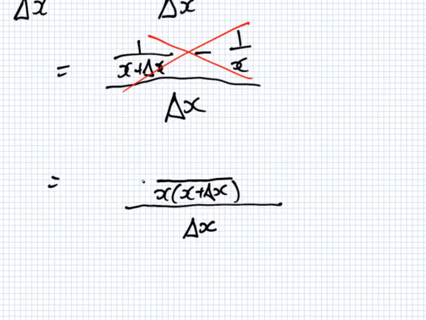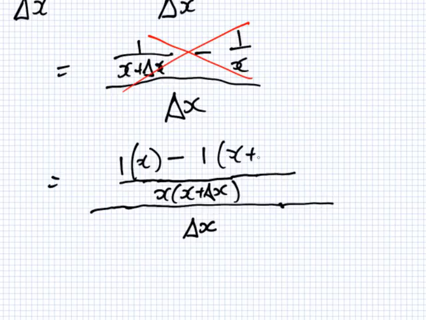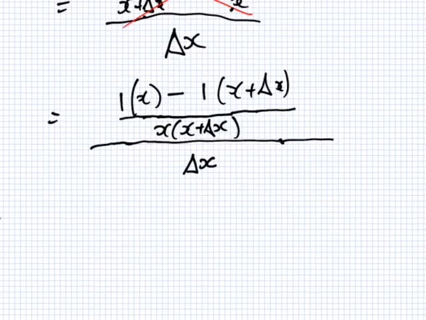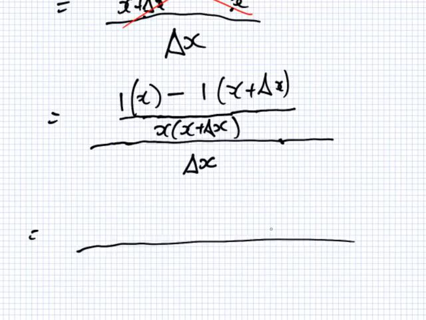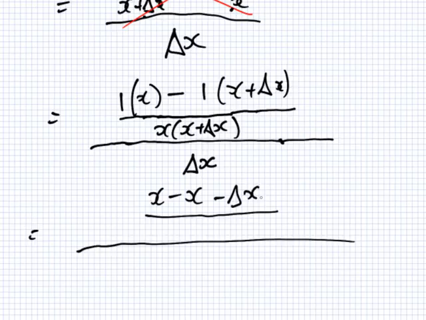So here, 1 times x minus 1 times x plus delta x. 1 times this minus this times this. Okay? Right, so if I multiply the top, I get x minus delta x, and here I get x plus delta x, and here I get delta x.